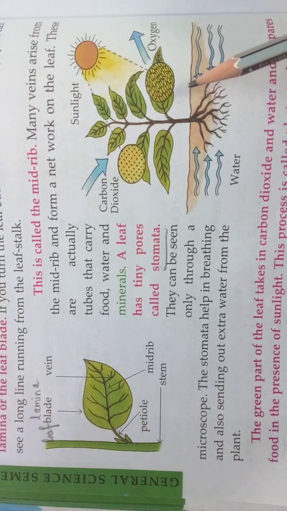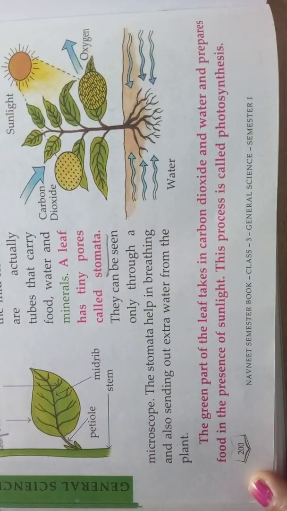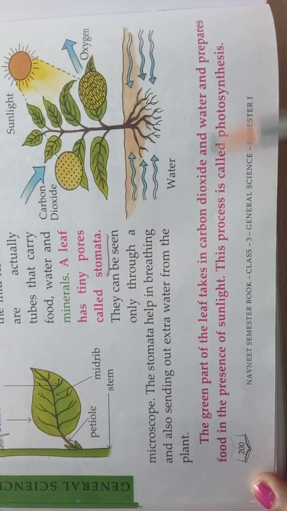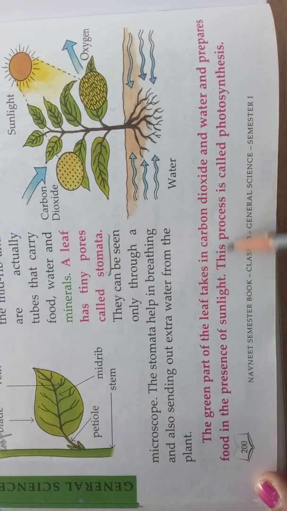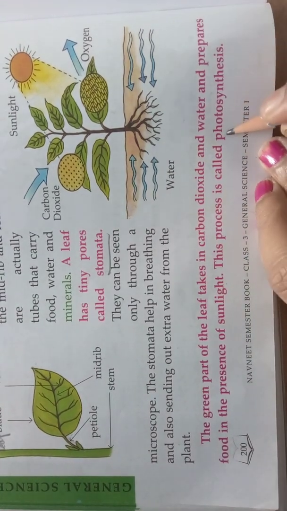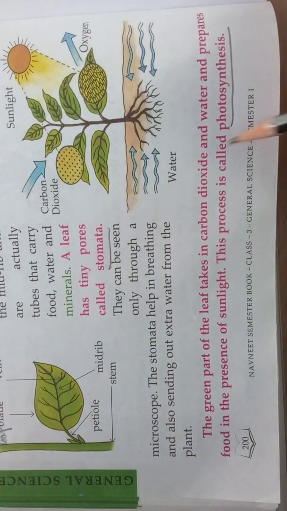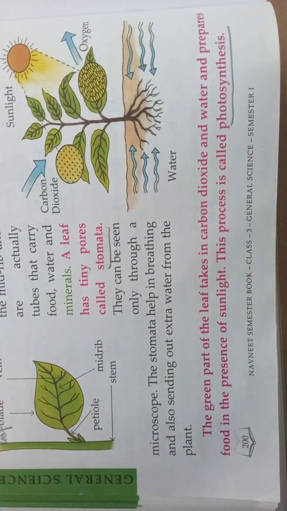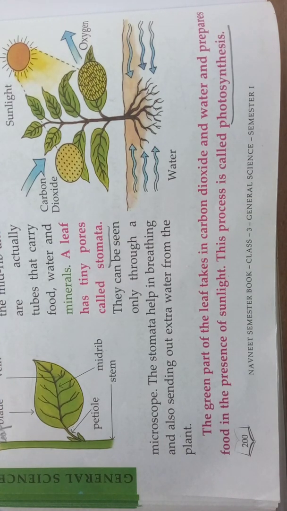Understood, children? The green part of the leaf takes in carbon dioxide and water and prepares food in the presence of sunlight. This process is called photosynthesis. What do you mean by photosynthesis? The process by which the leaves prepare their food is called photosynthesis.